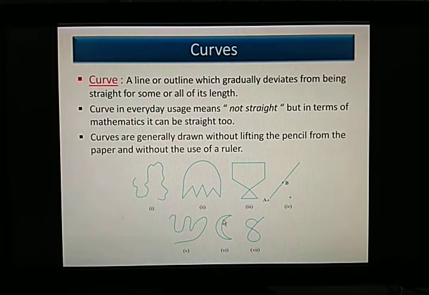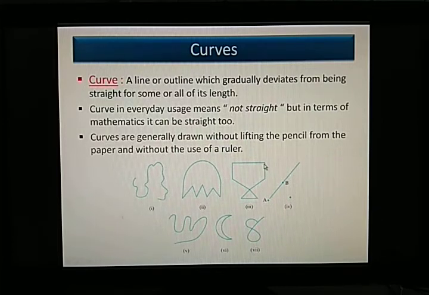So according to that, this 4th number diagram is also a curve, and the rest of them are definitely curved because they are having some kind of a bend. They are not completely straight. After some time they are taking a bend. You can see here also it was straight and suddenly it deviated from its path.